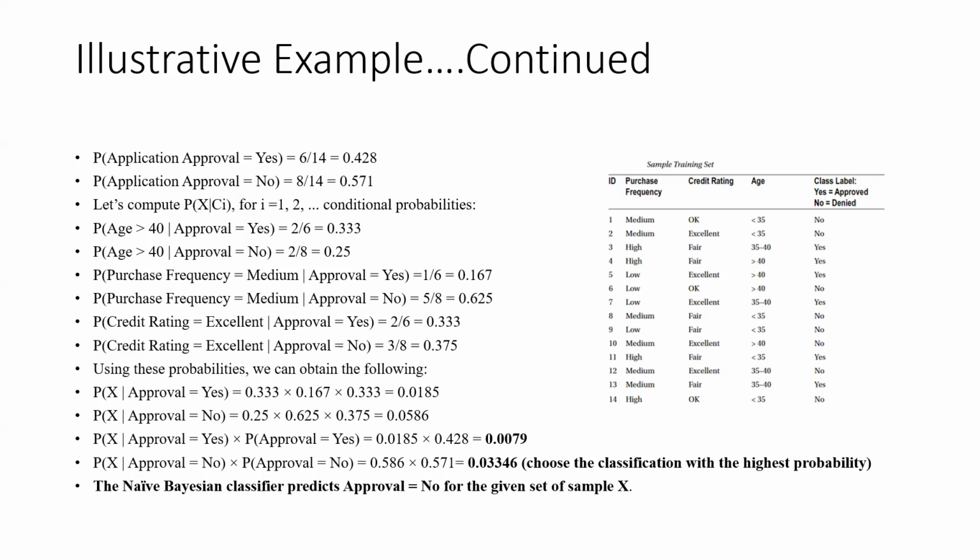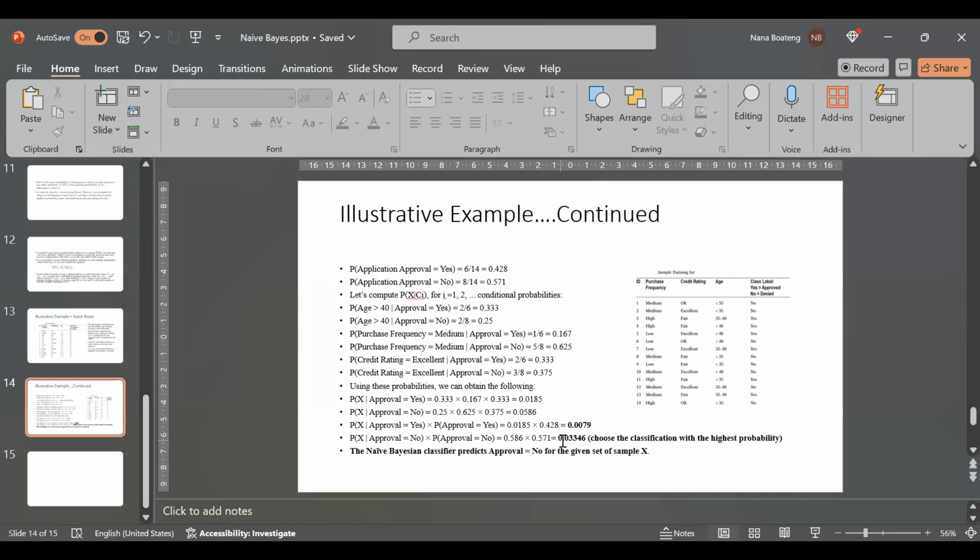Nana, please, the calculation for the approval no times approval no, the last but one line, is 0.05? The approval no by no, yes, please. So it's 0.0586. Please, can somebody else also check it and then we confirm? Nana, you calculated it at the top, so you just repeat it.